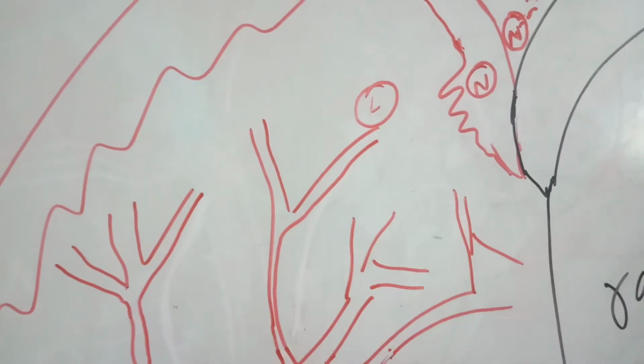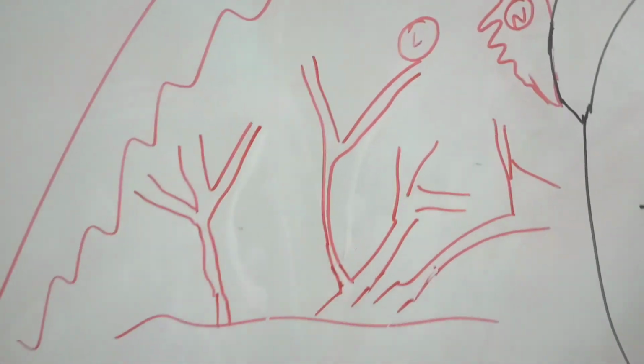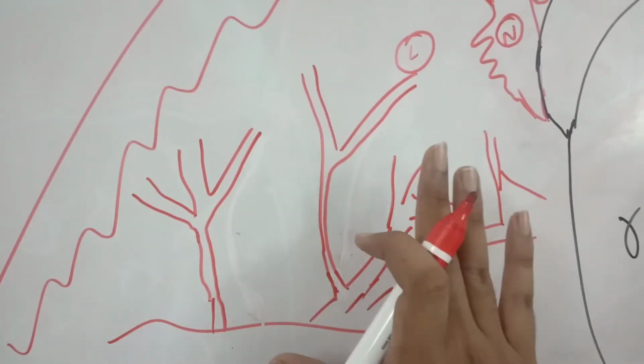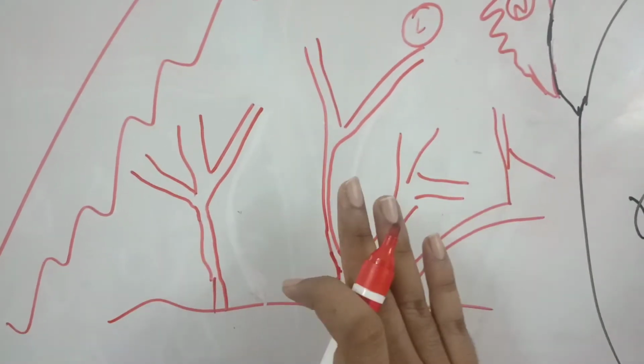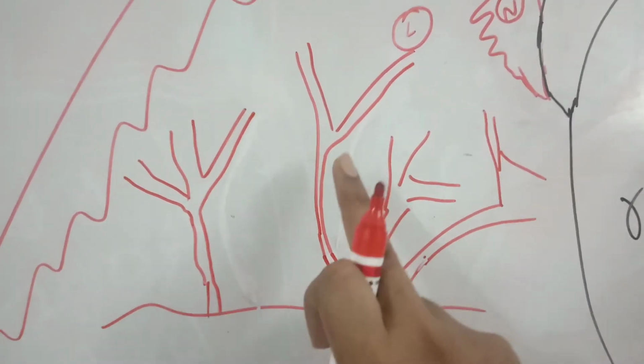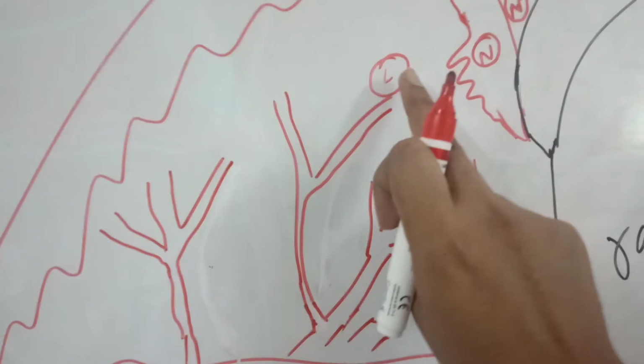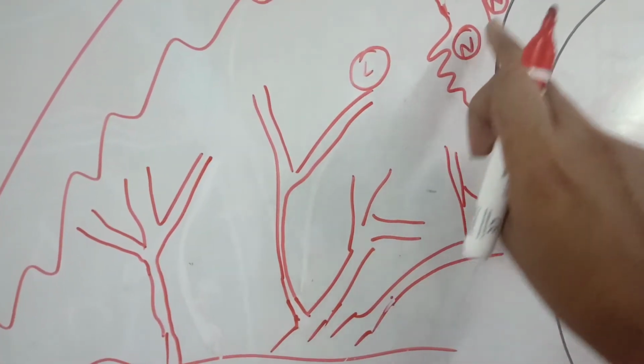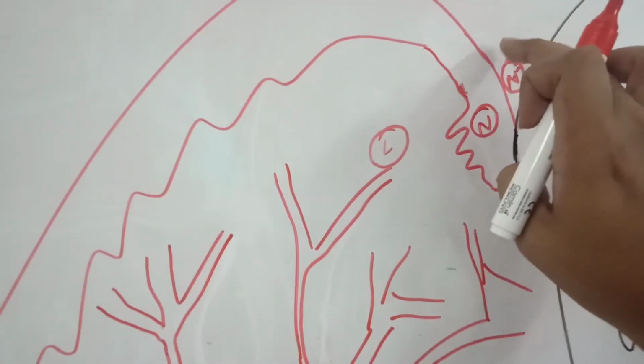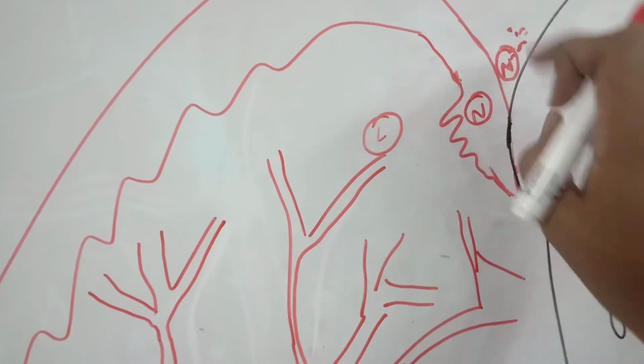So these are the characteristic features of stage 2 gingivitis: angiogenesis, lymphocyte infiltration, and neutrophils in the GCF.